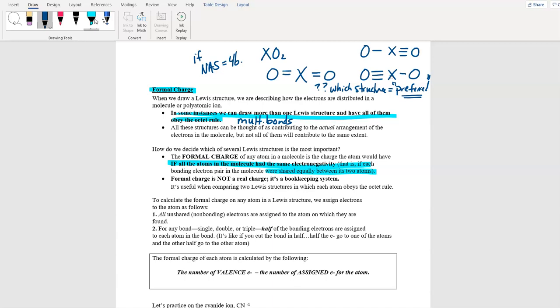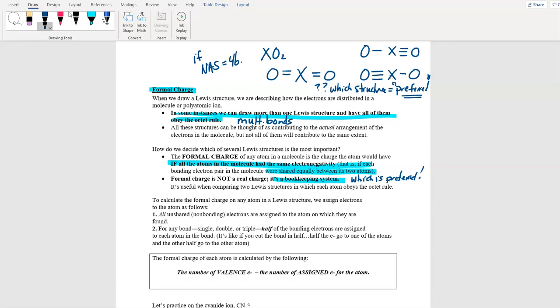Formal charge is not a real charge. It's a calculation. It's a bookkeeping system to figure out which structure is preferred. It's useful when comparing 2 Lewis structures in which the atoms obey the octet.